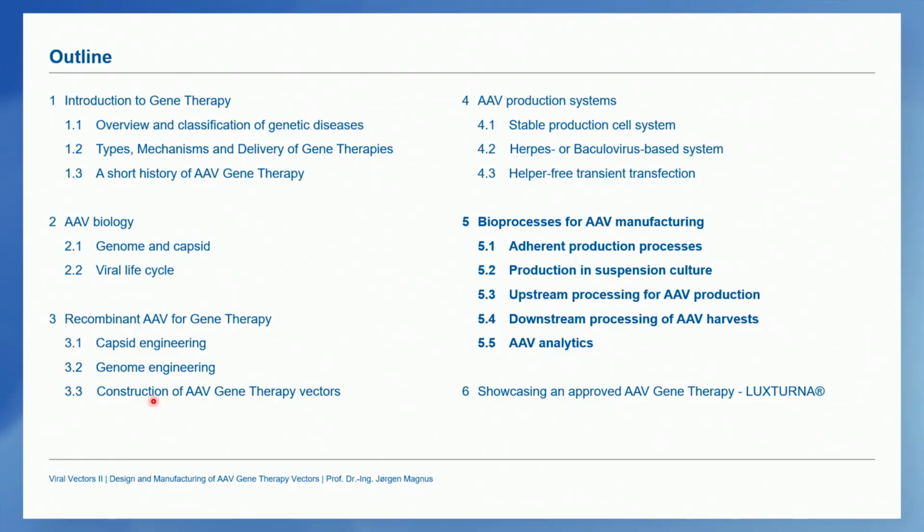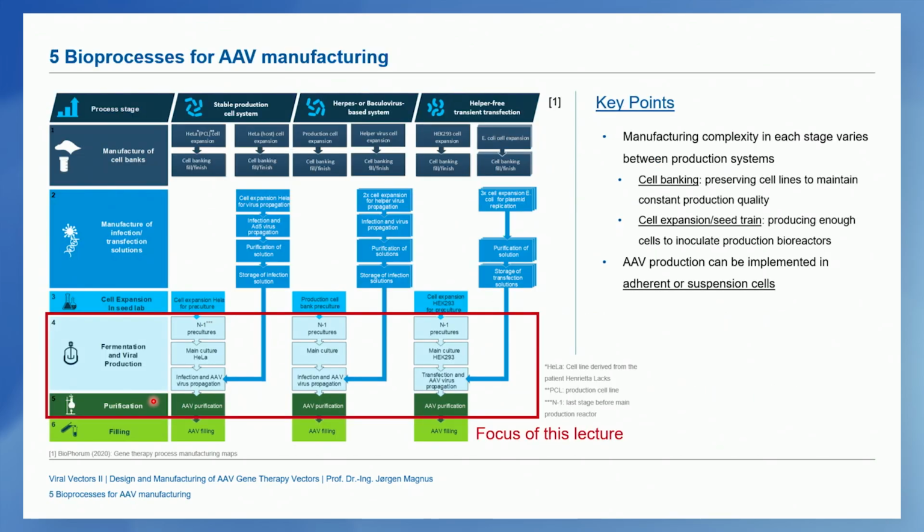We're moving on to the next chapter, which is chapter 5, looking at how these are produced at large scale. And first, I would like to show an overview of what I have maybe already mentioned.